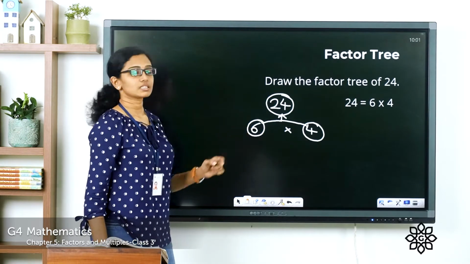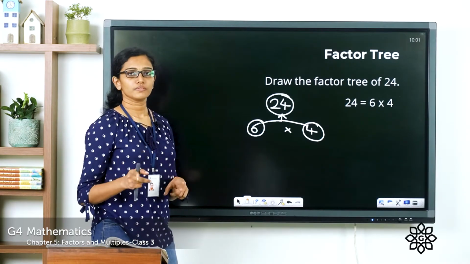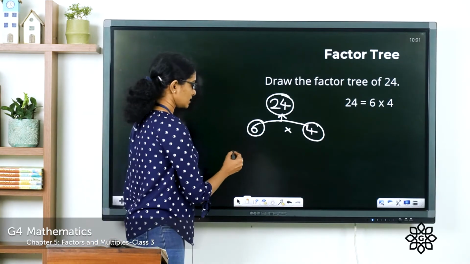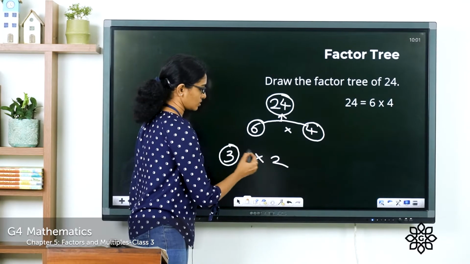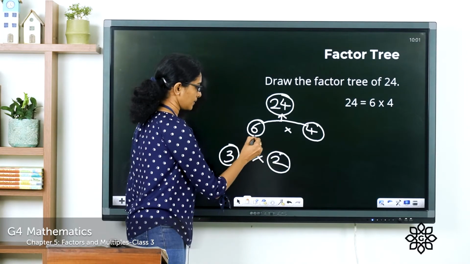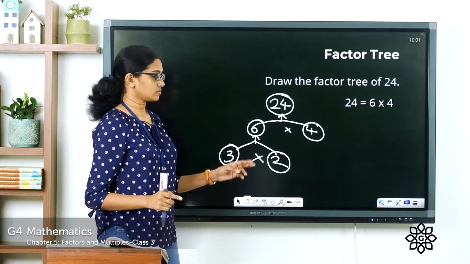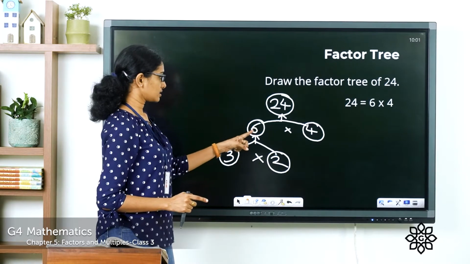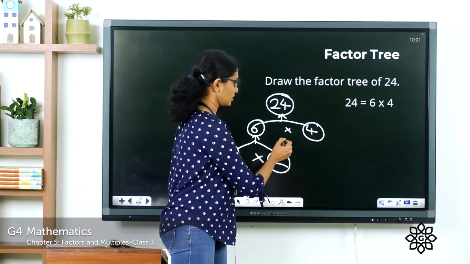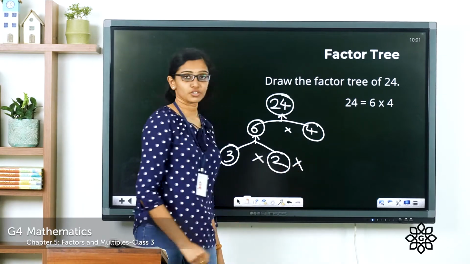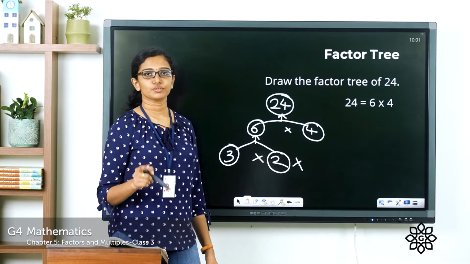Now again, this 6 and 4 can be split into factors. Now 6 is 3 into 2, right? So let's write 3 into 2 here, and you have to draw arrows to represent that this number is split into its factors, 3 into 2, and this multiplication symbol should be represented here, and this 4 can be again split into 2 into 2.